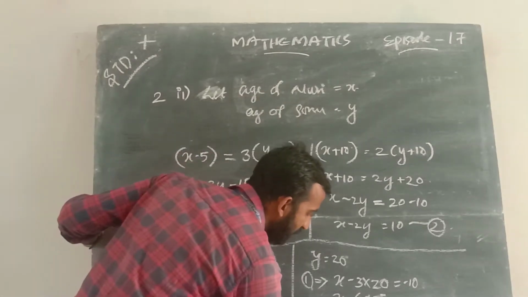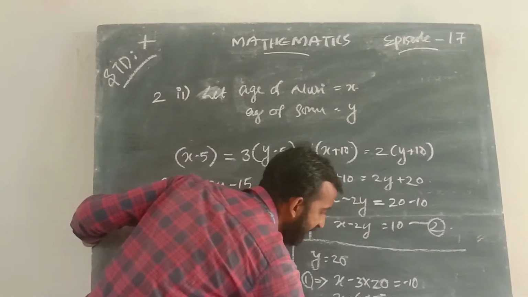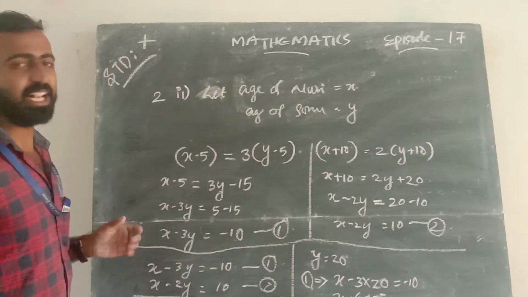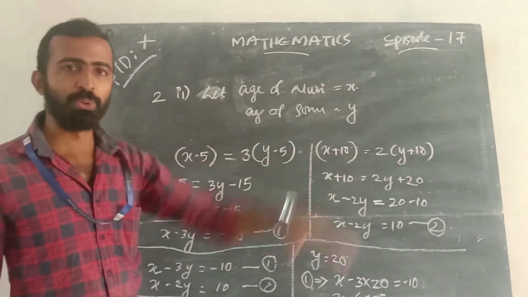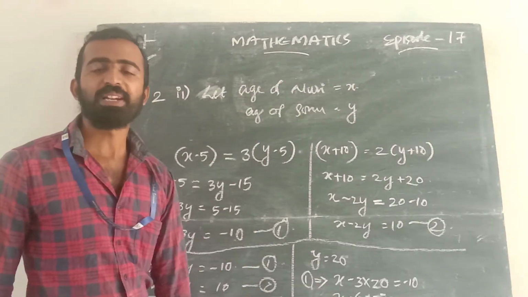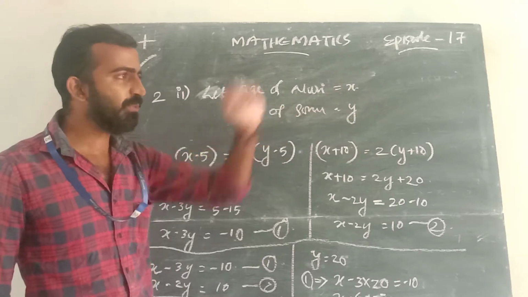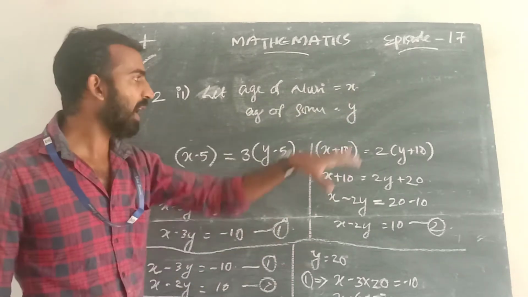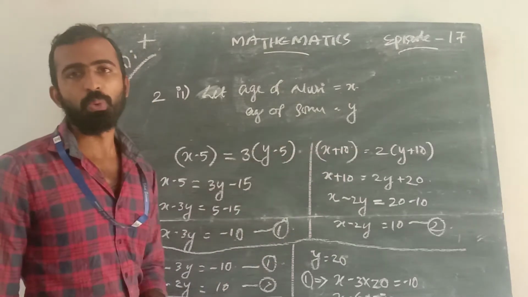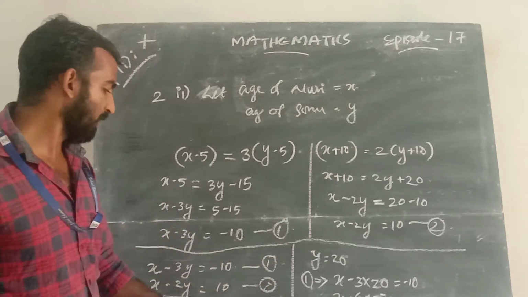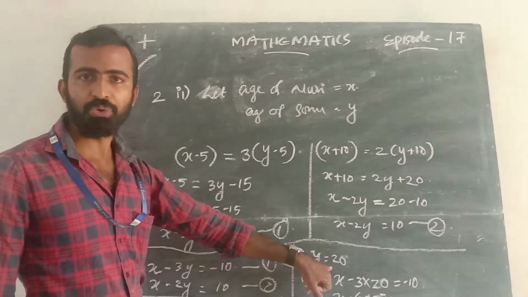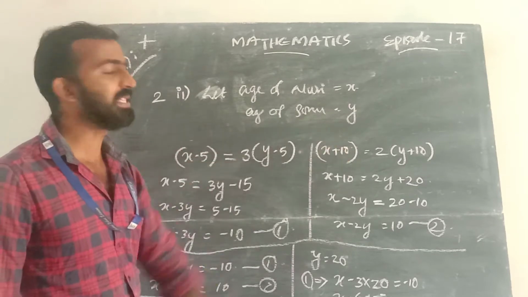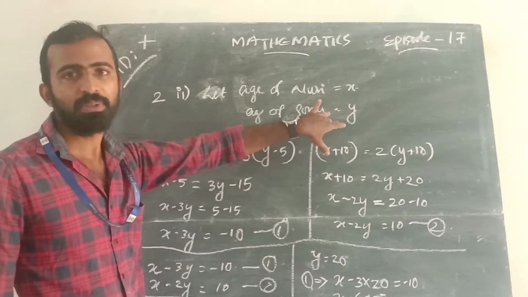That is x equal to negative 10 plus 60, we get 50. Here x means the age of Nuri, so the age of Nuri is 50. And y means the age of Sonu, which is 20. That is the solution for the second part of the question.